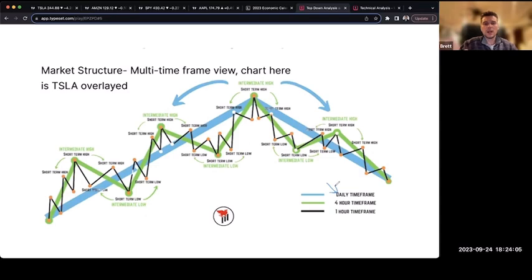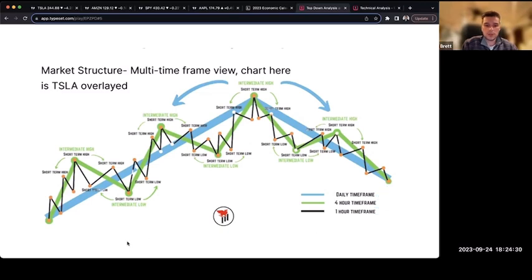But what I will tell you is what I do. I don't really look at the daily time frame for structure analysis. I really look at the hourly, because most of my trades are day trades. So I'm going to be focused on the hourly time frame 90% of the time for my structure analysis, at least the hourly, and then maybe even the 4 hour.